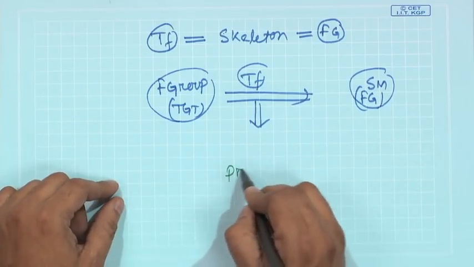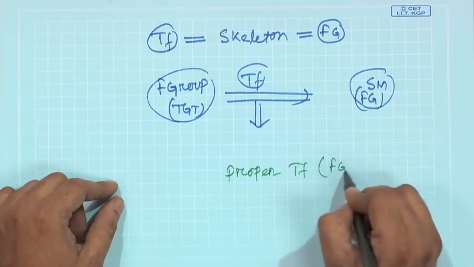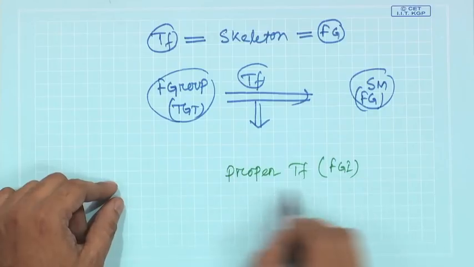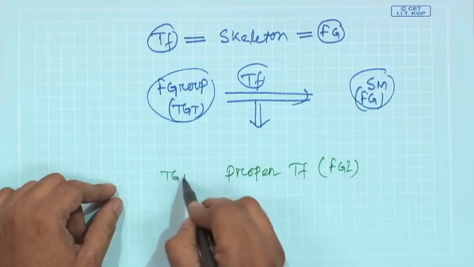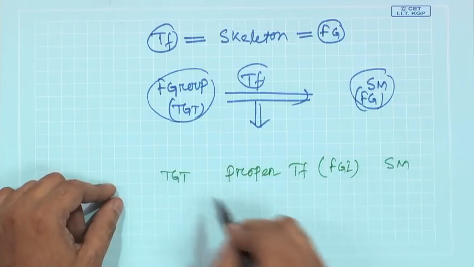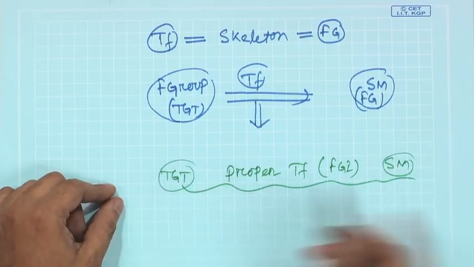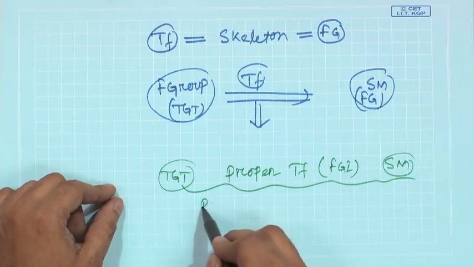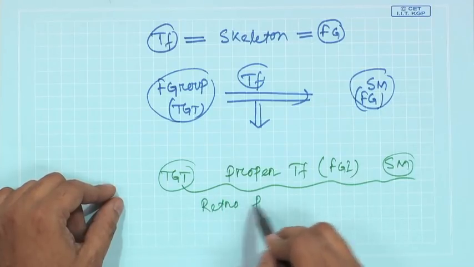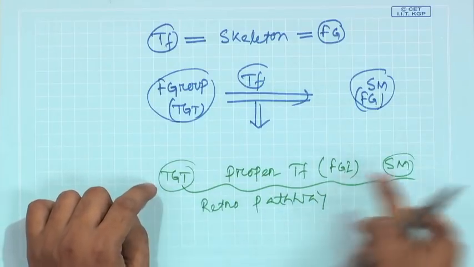The proper transformation or proper FGI is absolutely needed, which is correlated with the target and the starting material through a common thread. If any of these points is missing, the thread cannot be completed or the entire retro pathway cannot be completed. So, the success of a retro pathway always depends on how efficiently you can connect your target and the starting material through a proper transformation.